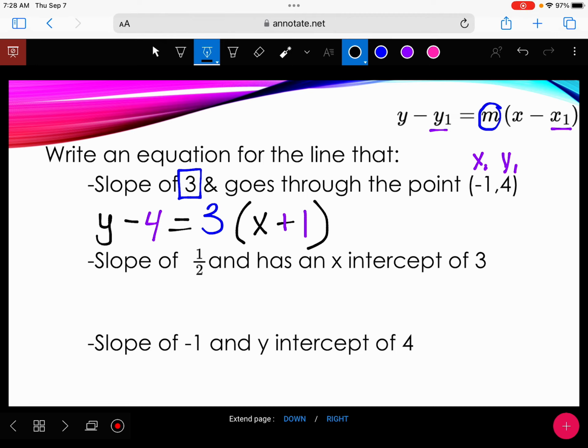So an x-intercept of 3 is right here. So an x-intercept of 3 is the point 3, 0.